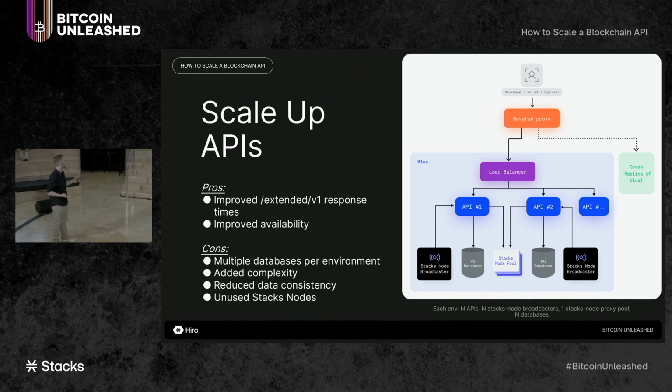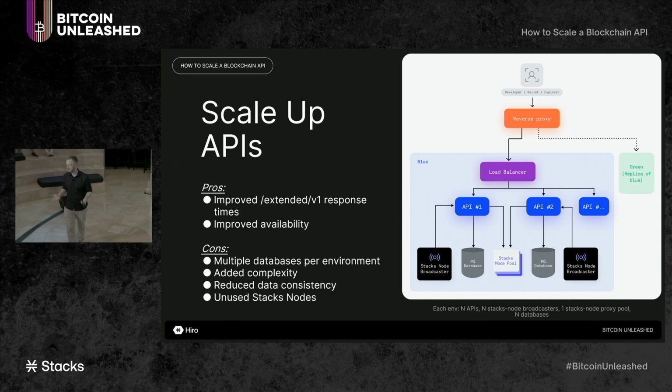Also, any requests coming in being load balanced by these APIs, sometimes the APIs are receiving events at different times because they each have their own Stacks node broadcaster with its own unique mempool view. So in other words, sometimes if you refresh the browser, you would get different data being returned.